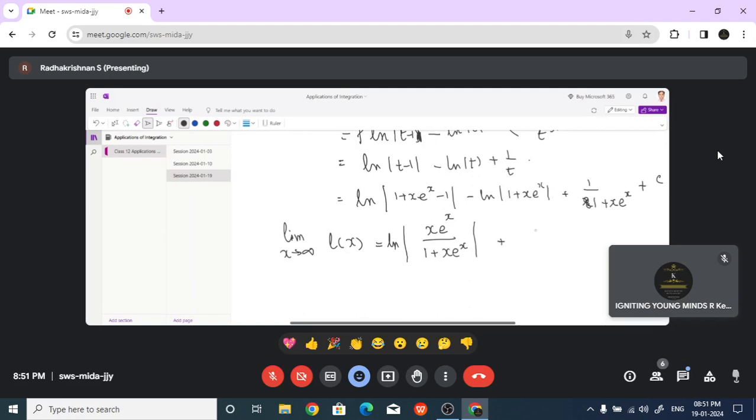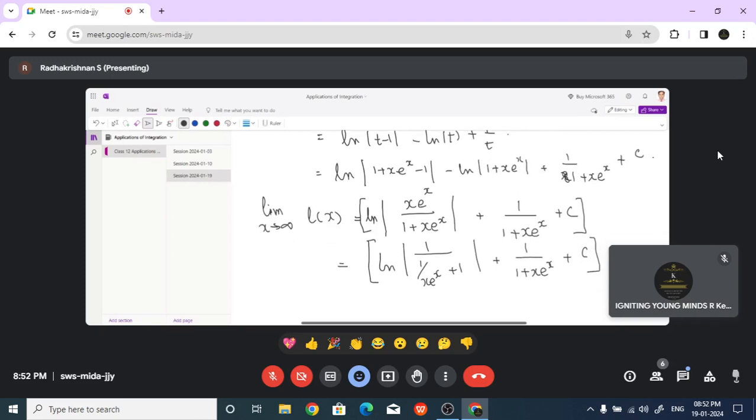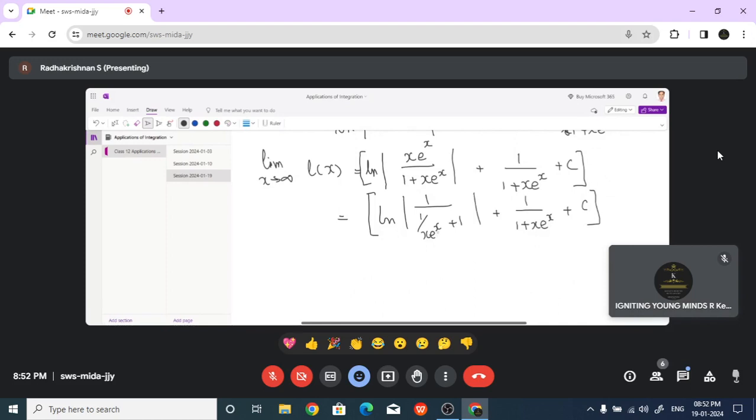Now we divide the numerator and denominator by x e power x.